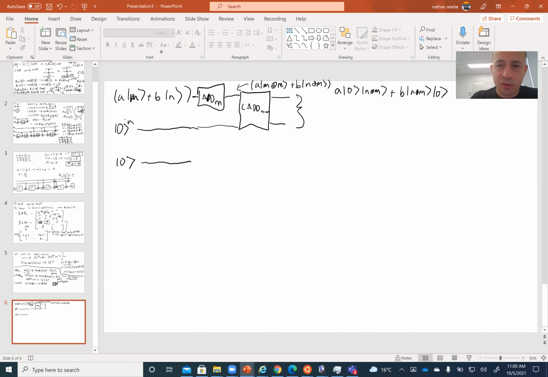Now, once we have this, I'm going to just do an n-fold controlled Toffoli gate. Specifically, this is using a sequence of n Toffoli gates to flip the bottom quantum bit if and only if all of the bits on top are 0.